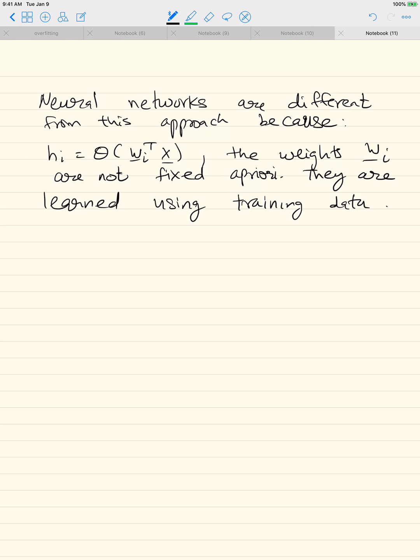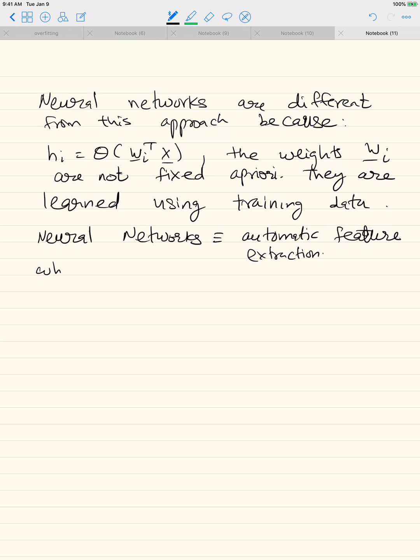So in other words, neural networks correspond to automatic feature extraction, while the fixed nonlinearities correspond to the standard feature extraction.